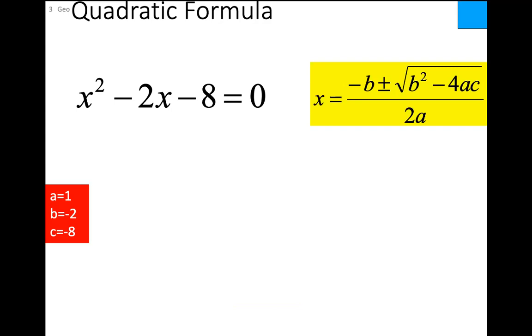So it'd be x equals -(-2), so +2, plus or minus the square root of -2 squared minus 4 times 1 times the constant, over 2 times 1.